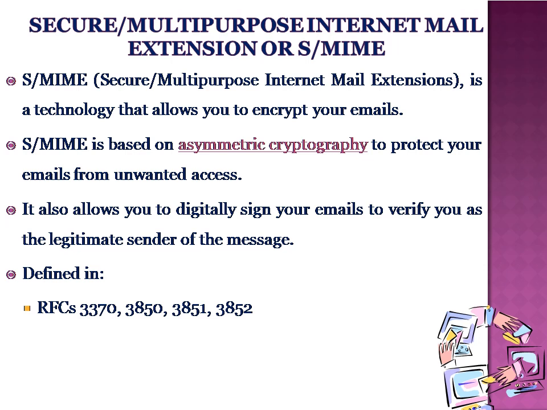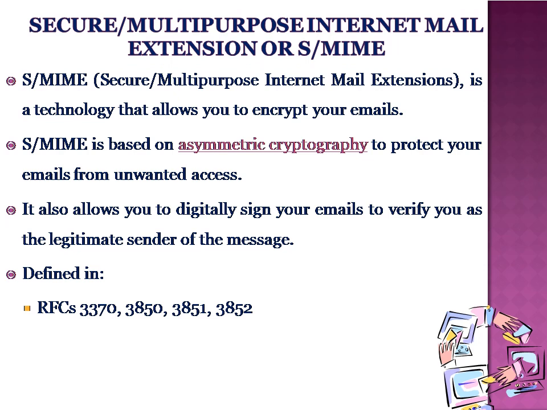Coming to the next slide, which is Secure Multipurpose Internet Mail Extension or S/MIME. Now this S/MIME is basically a technology that allows you to encrypt your emails. So you should know by now that the technology that is used to encrypt your emails is nothing but S/MIME.